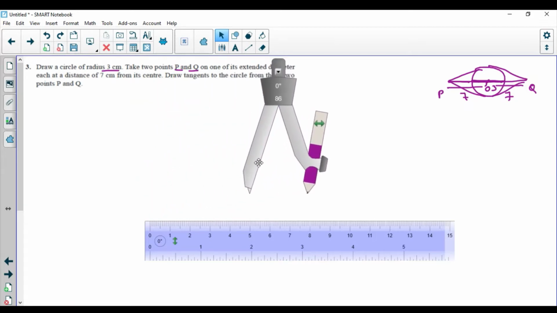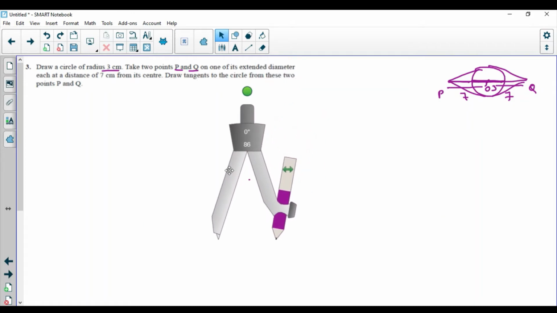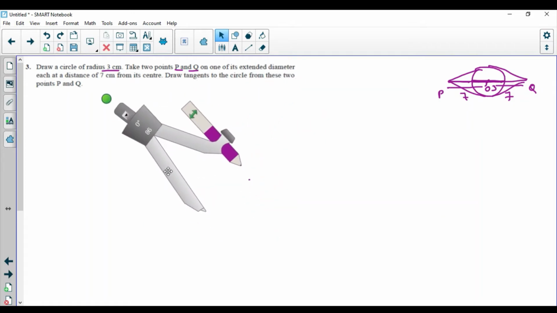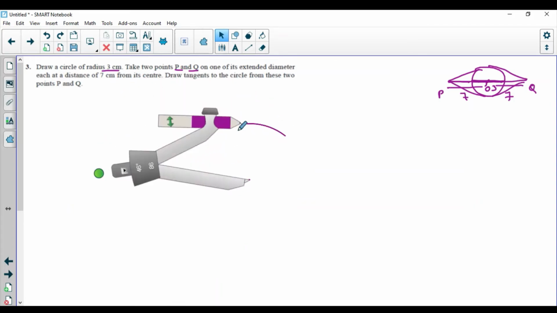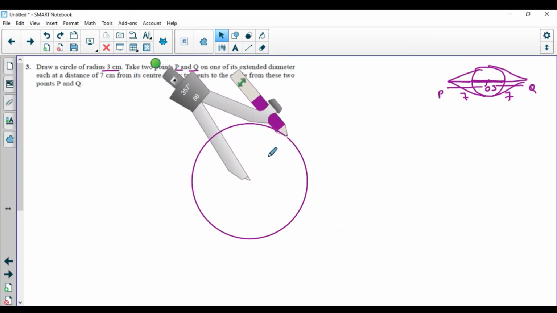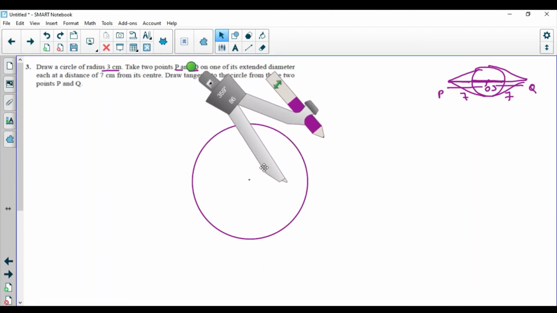Then draw the circle. This is our circle with the center O.